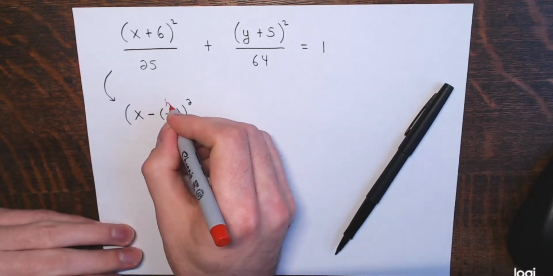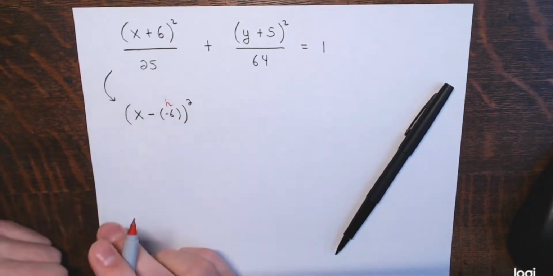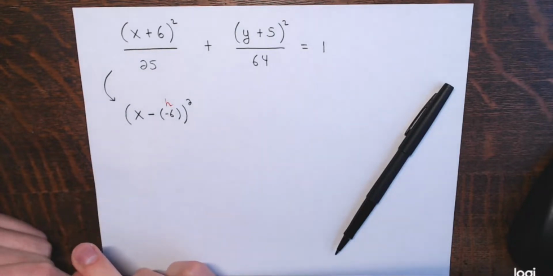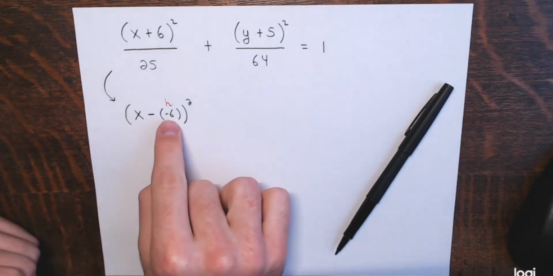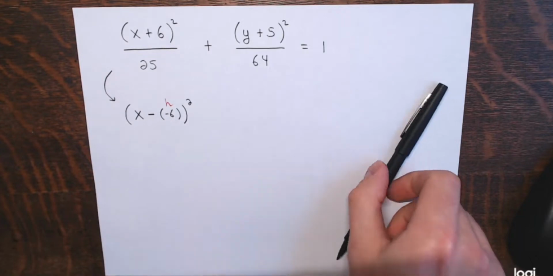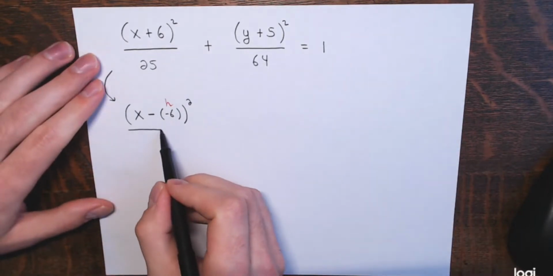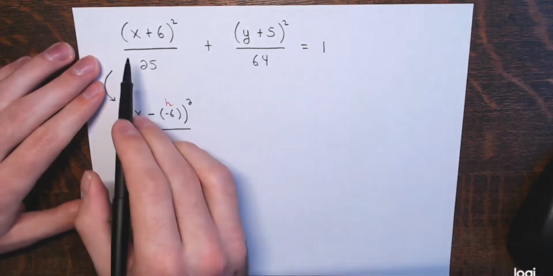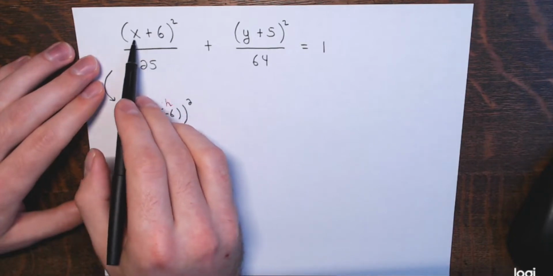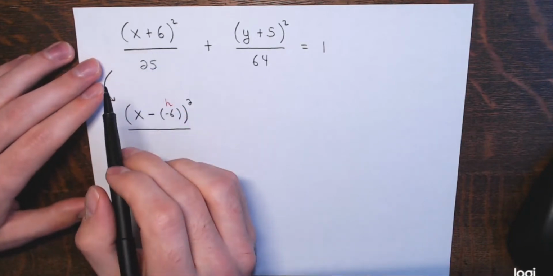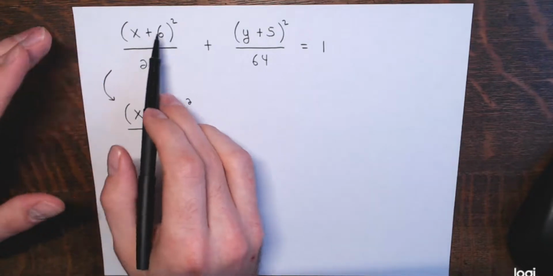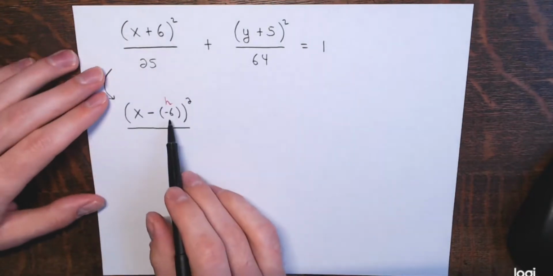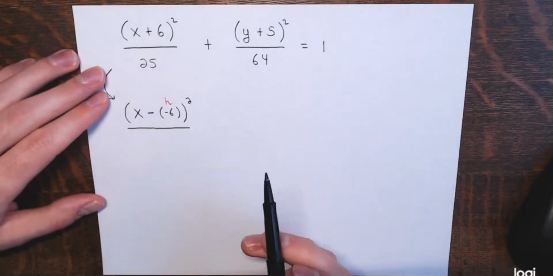That's going to be the x coordinate of the center. It's the number that's being subtracted from x in that square. A quick way to think about that too is, what would you have to replace x with to make this 0? Negative 6 plus 6 would be 0. So negative 6 for the x coordinate of the center.